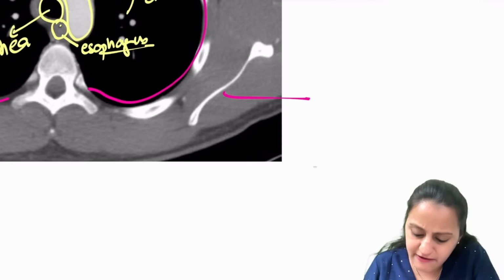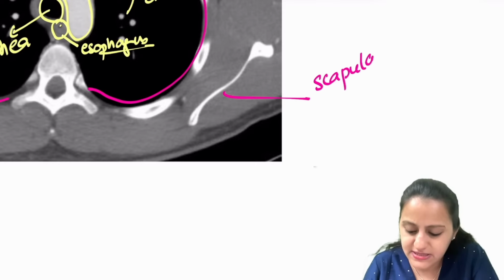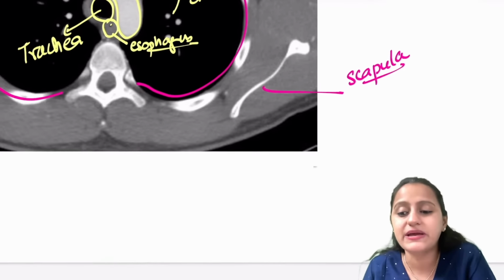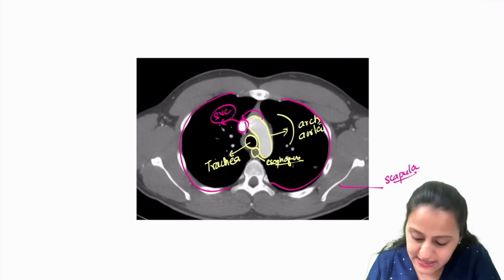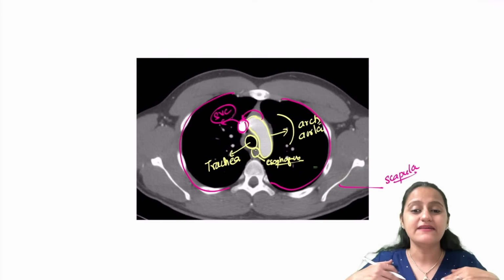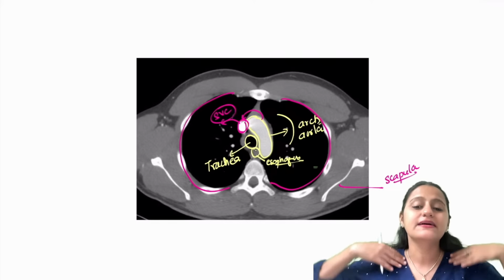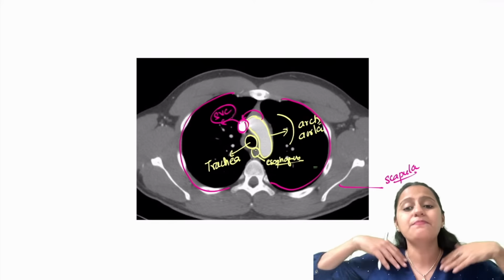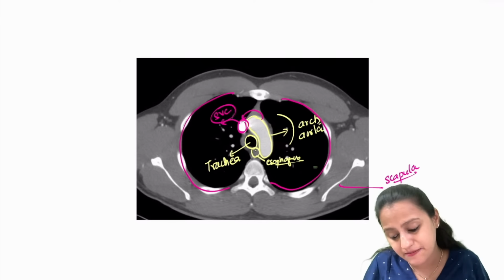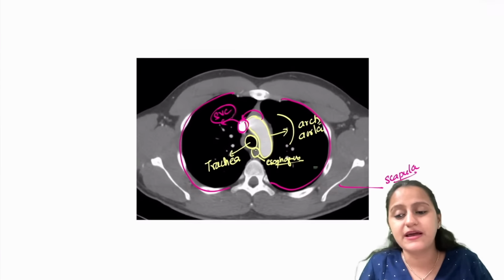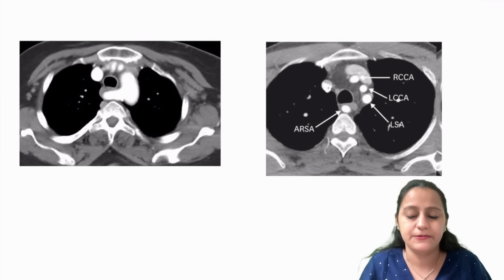So what do we have behind the rib cage is the scapula. The bone behind the rib cage is scapula. This is not clavicle. See, clavicle will not come this low, at the level of the aorta, at the level of the lungs. Clavicle is going to be higher up at the lung apex. Okay, this is behind the rib cage, posterior to the rib cage. This is going to be scapula.